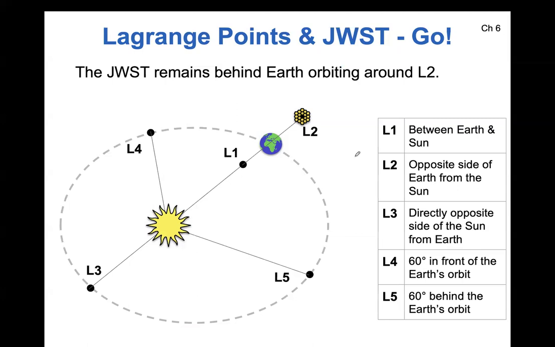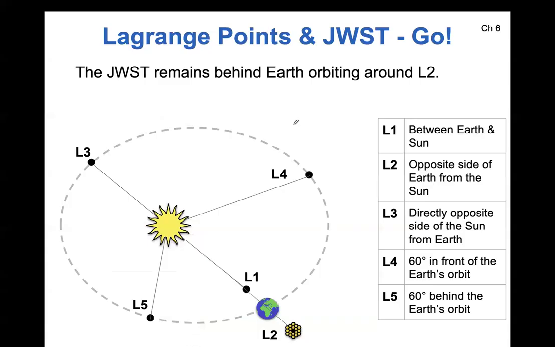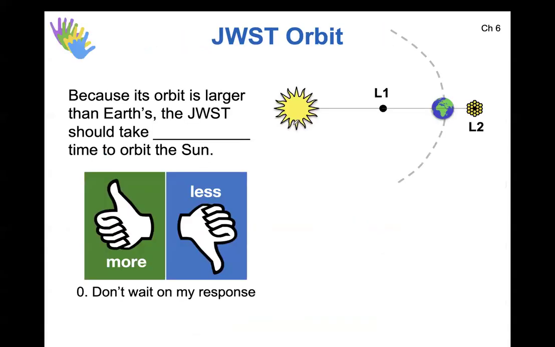But the advantage is huge because it can always face outwards, unlike something that orbits Earth and sometimes will be facing the Sun. The JWST can just face out towards space, away from the Sun, and even away from the reflected light coming off of Earth. You can see how it makes for the ideal dark environment for a telescope.